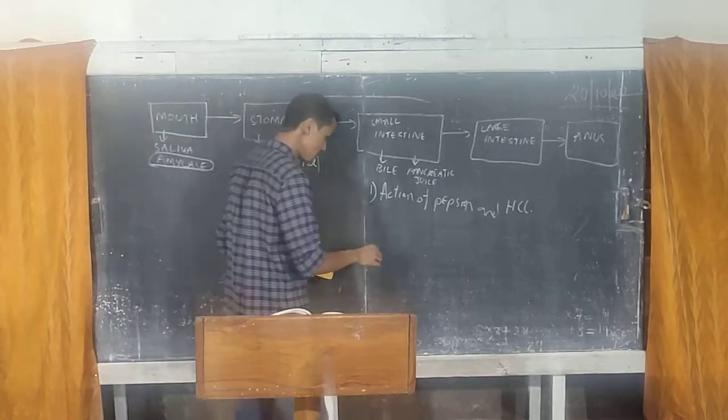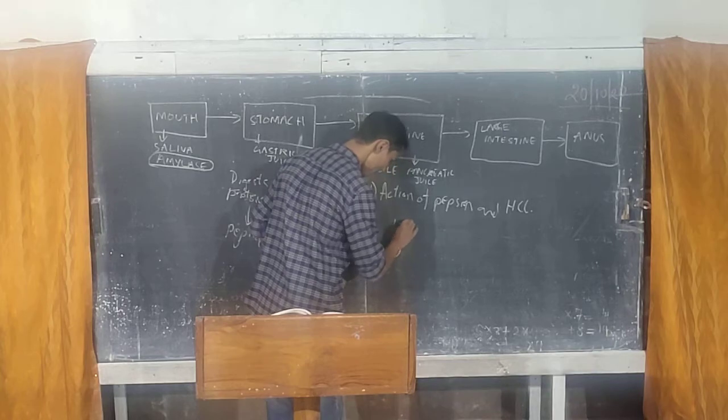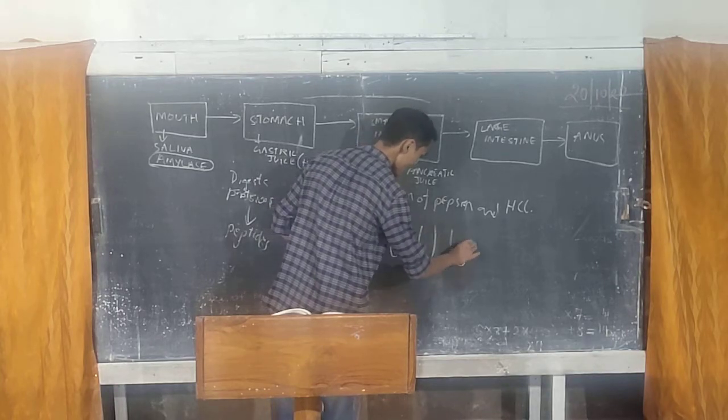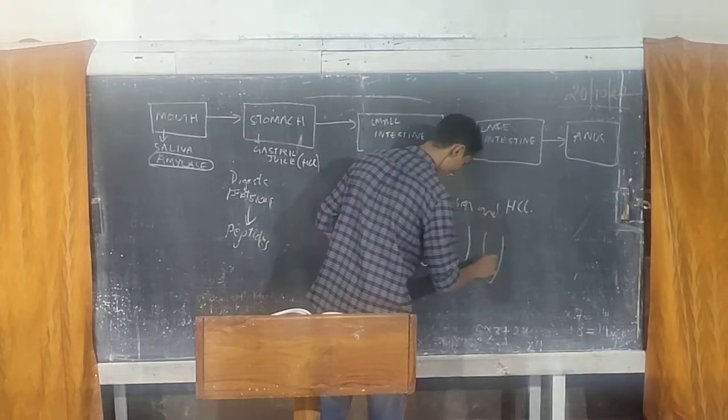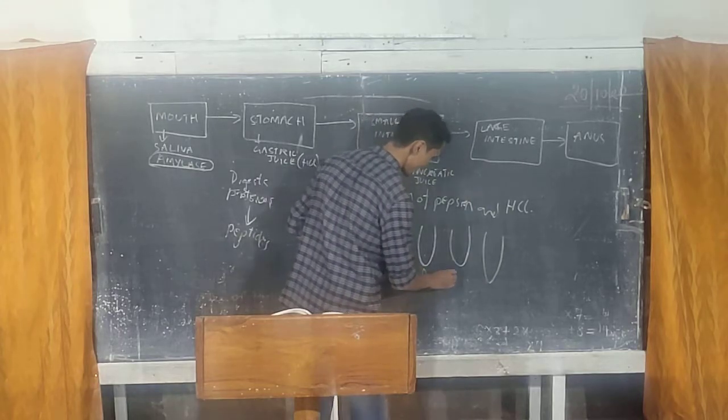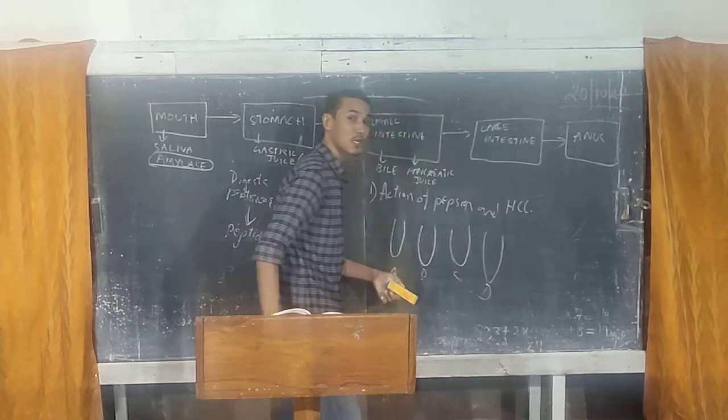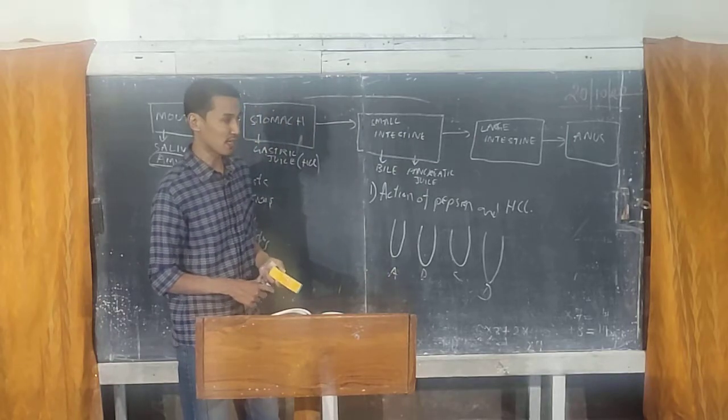So what happens is, we're going to take 4 test tubes, label them as A, B, C and D.